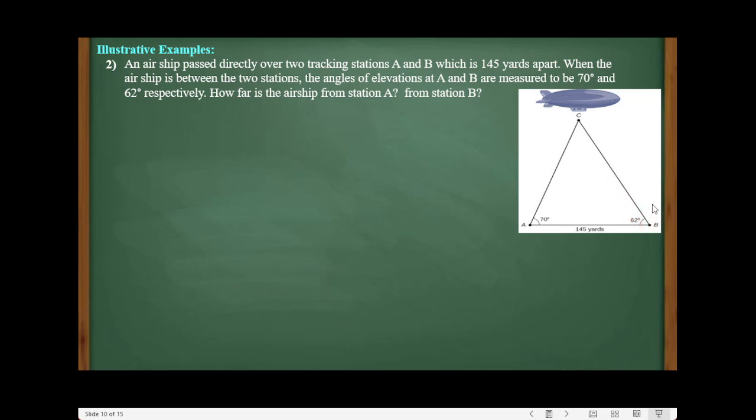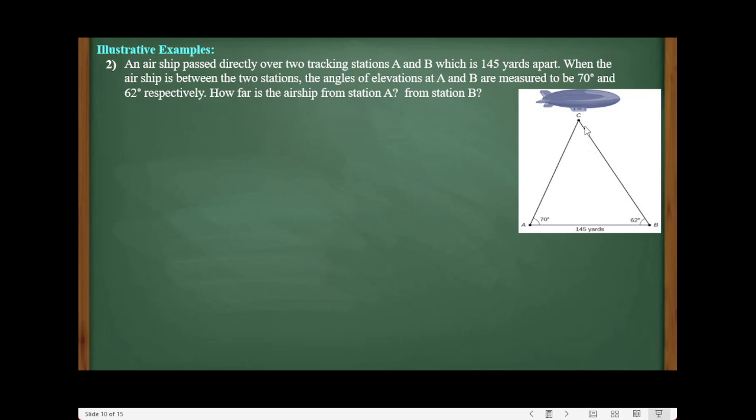And you will notice that in analyzing the problem, we just formed an oblique triangle here. One of the three sides is known, which is 145 yards, and according to the problem, this is the distance between the two stations.